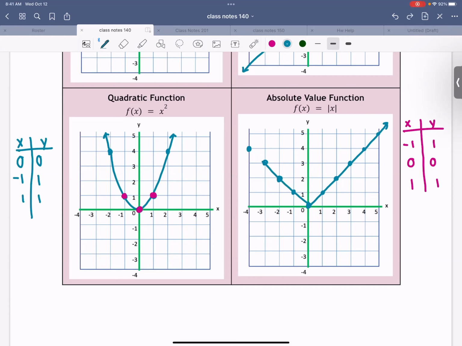Let's see, go up this way. Okay, so it's basically the quadratic function, but instead of looking like a U, it looks like a V. When you draw this graph, I am looking for the point at 0. I want these 2 points and I want the shape. Okay, so those are the 3 things or 4 things I'm looking for.